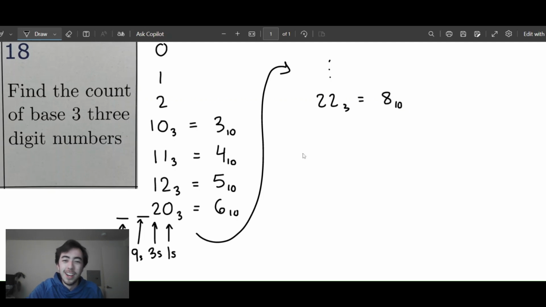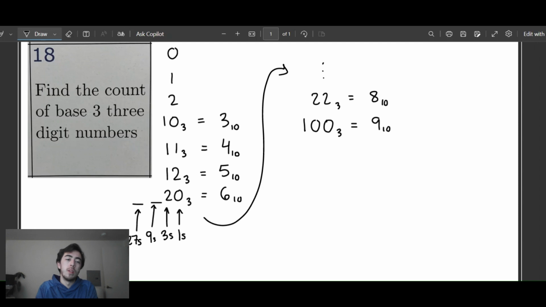So I guess with my dots, I just skipped the number 7. Oh well. But then after that, I don't have the digit 3. So I must introduce the next place value, my 9s place. So what looks like a 100 in base 3 just means 9 objects. And this is going to be our first 3-digit number.